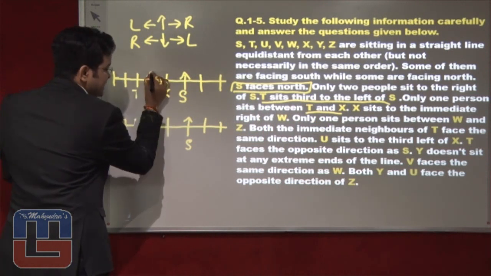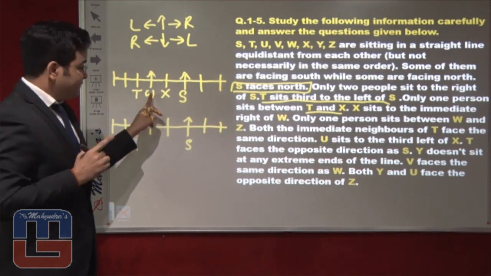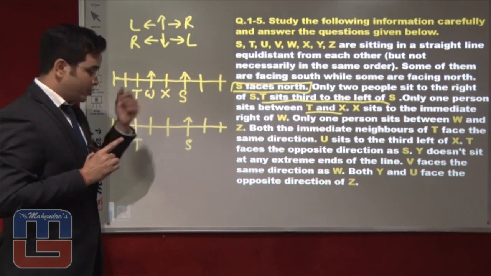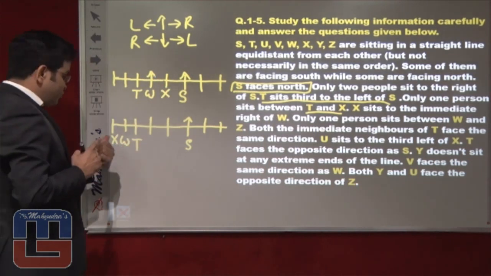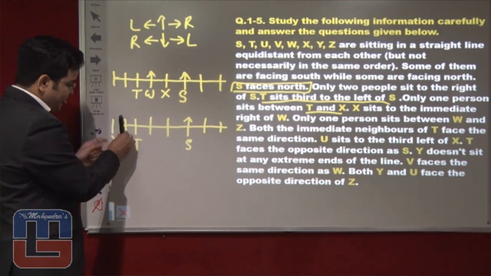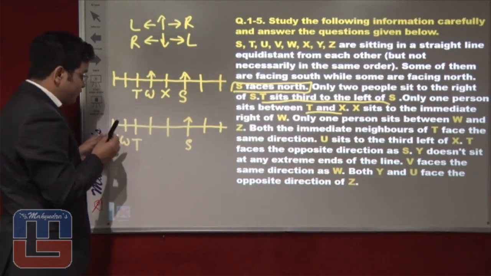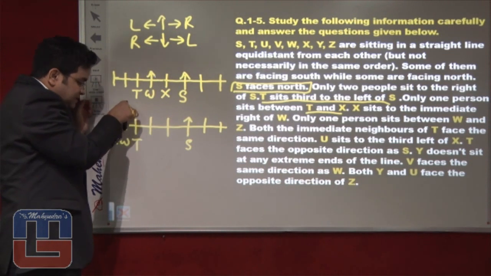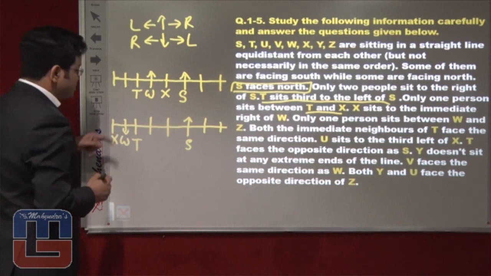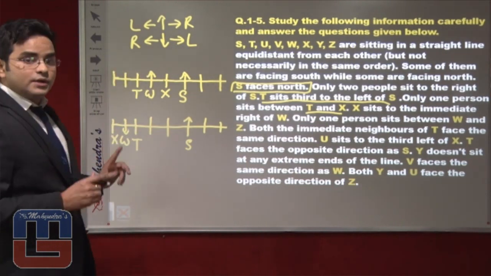It means that in this case, W is facing towards north direction. In the other case, if W is facing north, then X would be towards the left of W. So what we have to do is draw it: W is facing towards south direction. If W is facing towards south, then this side will be right. It means X is towards the right of W.